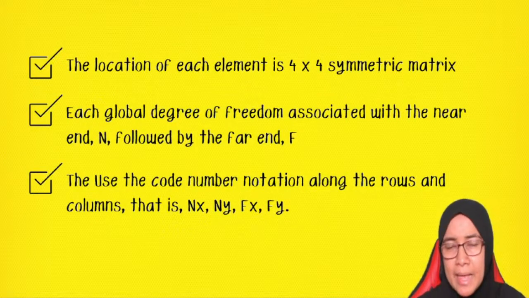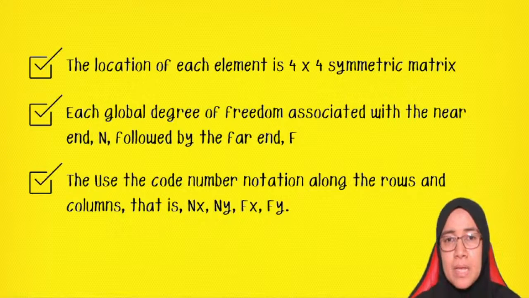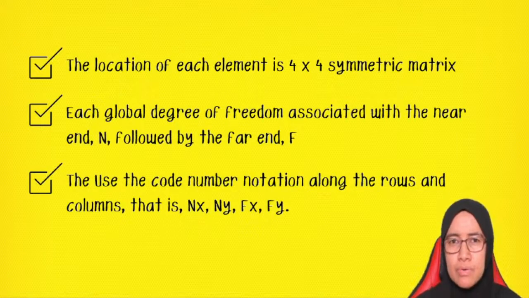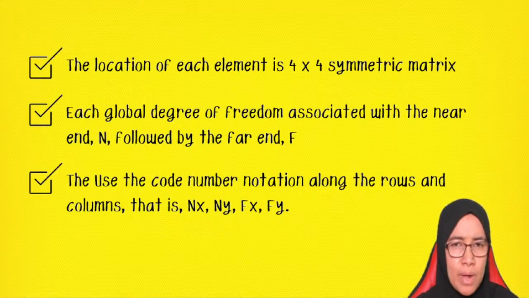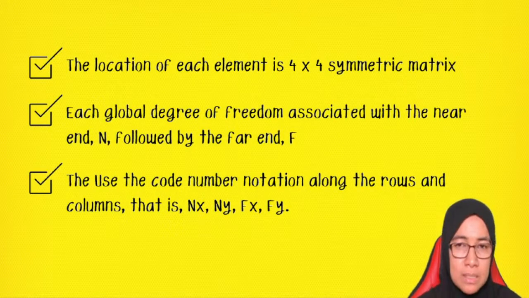Some books use I and J, some books use N and F, near and far. The node number notation along the rows and columns, N and F with X and Y, shows the position: 1, 2, 3, 4 just now.